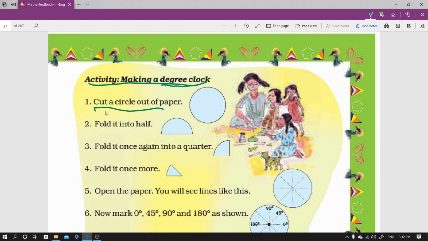Cut a circle out of paper, fold it into half, fold it once again into a quarter, fold it once more. Open the paper, you will see lines like these.